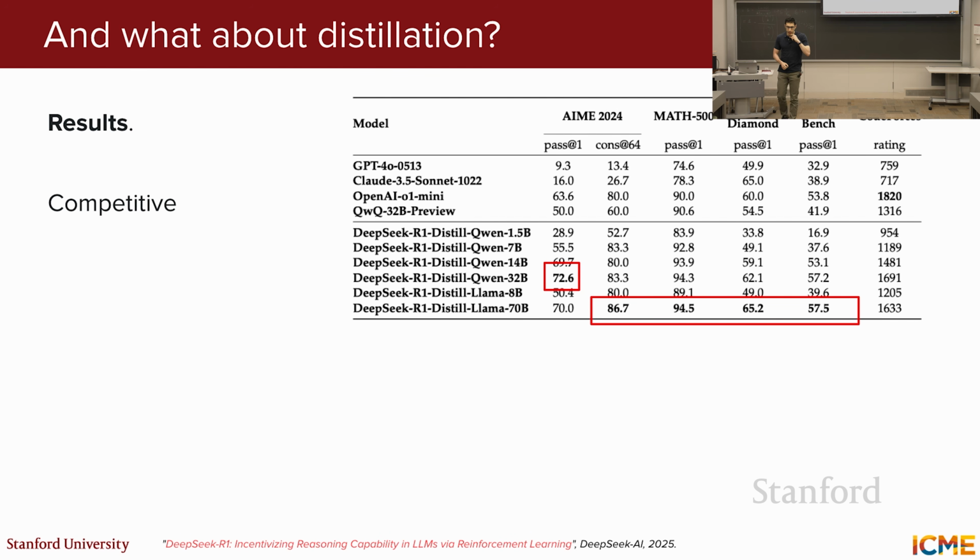I'm going to conclude here by looking at the results. You can see that the results, once again, are very competitive with closed source alternatives that claim to be a smaller version of a reasoning model. For example, O1 Mini, you can see that the numbers here are competitive with respect to that.